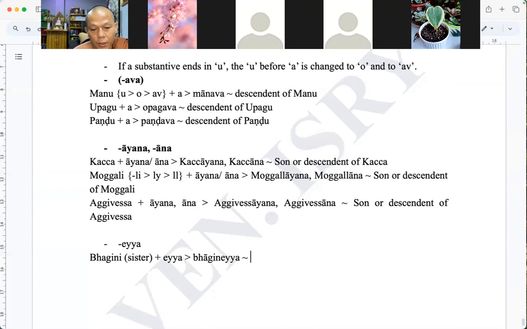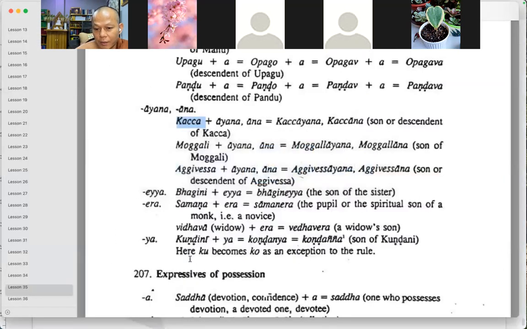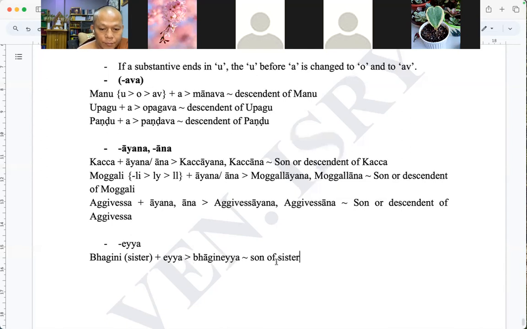So that means son of the sister. Son of sister means nephew or niece, right? Son of sister, the son of the sister. Okay, in this way, bagi ni ya.